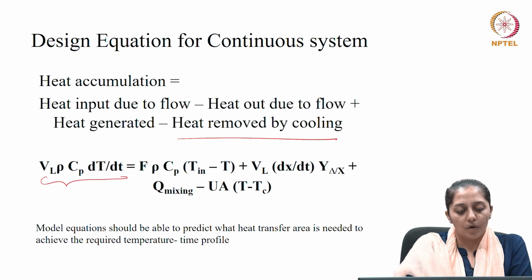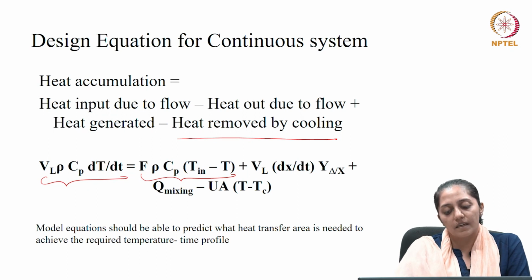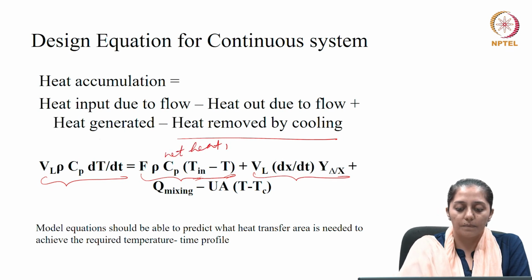The term on the LHS defines the rate of heat accumulation. The first term on the RHS is the rate at which heat is coming in and the rate at which heat is leaving, where the incoming stream has the temperature T in and the outgoing stream, let us assume, has the temperature T. So, this is the net heat input.